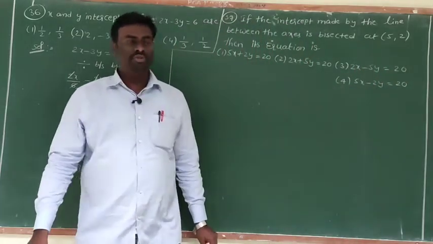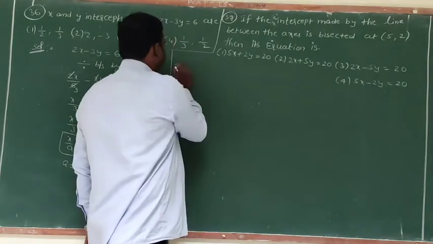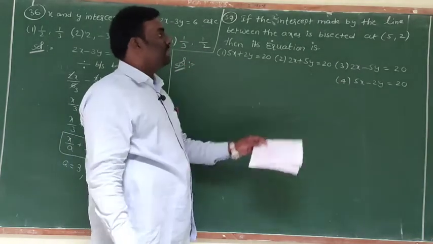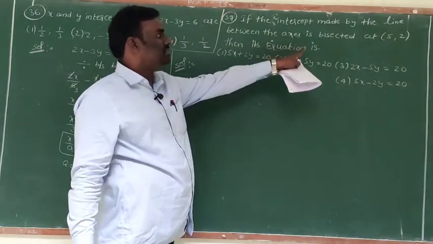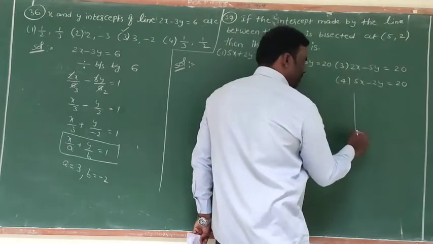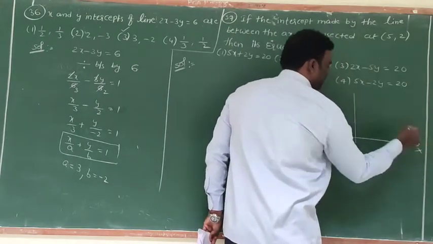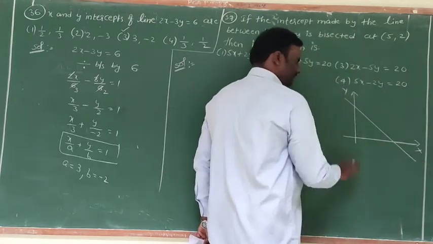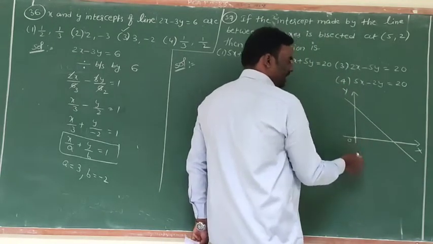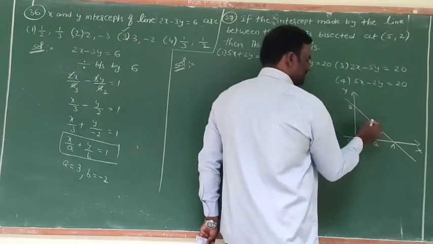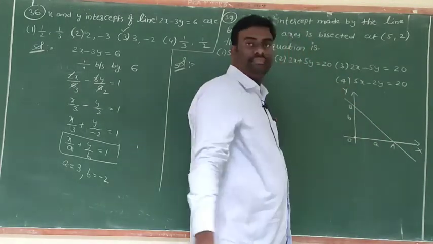Okay. In this question, we need to find the line whose intercepts between the axes are bisected at 5 comma 2. So these are the coordinate axes, and this is a line. This line cuts the x axis at A and the y axis at B. This is the x intercept, this is the y intercept.